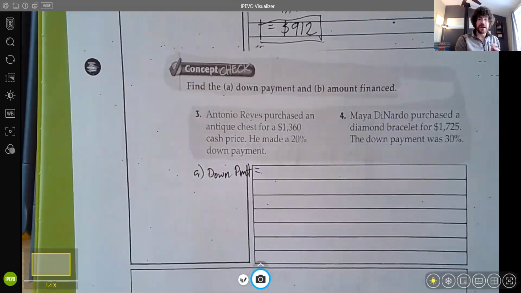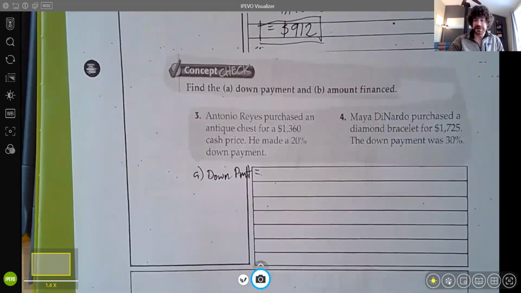So for A, I'm going to freeze my screen here. And I'm going to do both of these, A and B. And when you think you have some answers for these, for the down payment and the amount financed, feel free to get those typed in. So $1,360 is the cash price with a 20% down payment. So calculate the down payment.